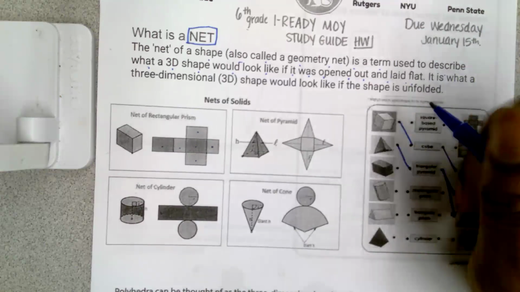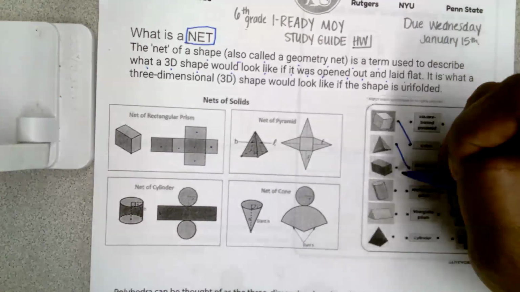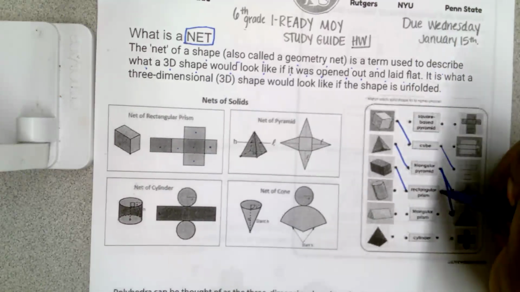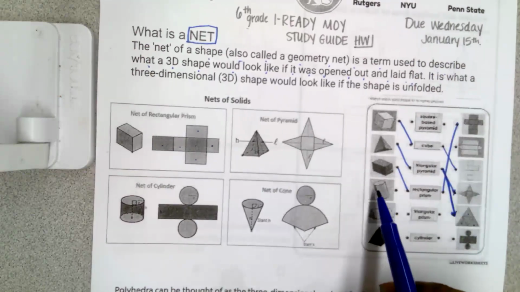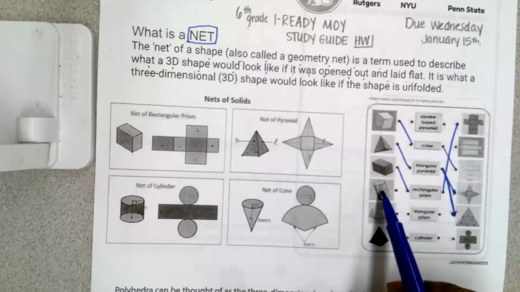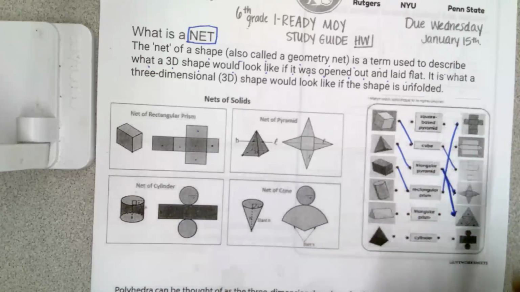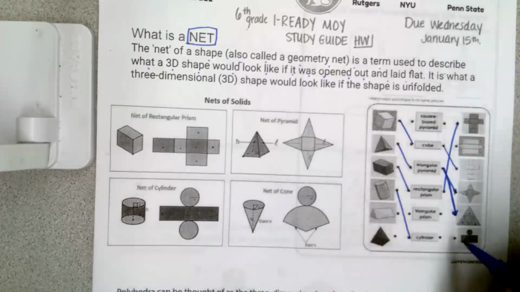This is a rectangular prism because it has rectangular faces. And when we find the net of the rectangular prism, it would look like this up here. Okay? This is what you call a cylinder. This is the cylinder, this is the net. So I'm sure you can determine already what the net of the cylinder is, right? You would connect here, this is a cylinder, and this is the net of the cylinder.